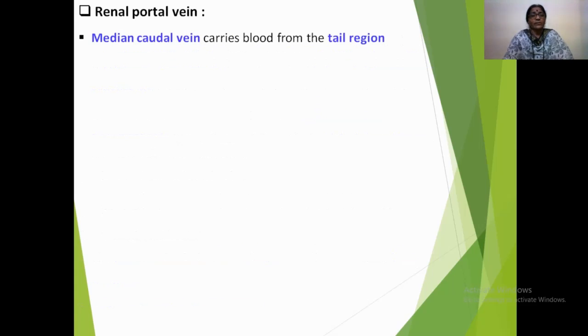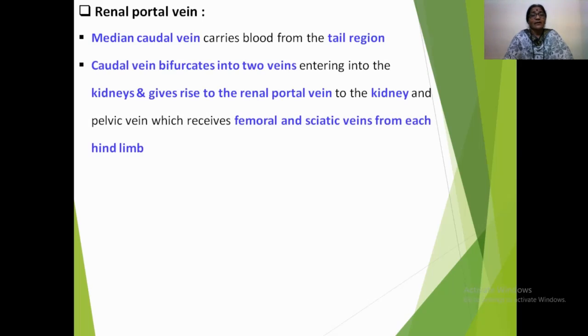The renal portal vein. The median caudal vein carries blood from the tail region, and the caudal vein bifurcates into two veins entering into their respective kidney and gives rise to the renal portal vein in its respective kidney. This renal portal vein receives the pelvic vein which carries blood from the hind limb through femoral and the sciatic veins.